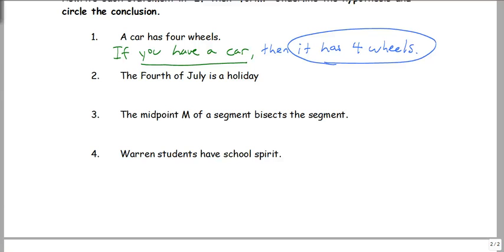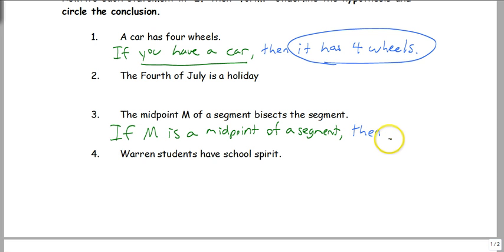I'll do one more of these because I think this could be challenging. Let's do number 3. The midpoint M of a segment bisects the segment. So what you can write for that is, if M is a midpoint of a segment, then it bisects the segment, which we know because we learned midpoints cut lines into 2 equal parts.